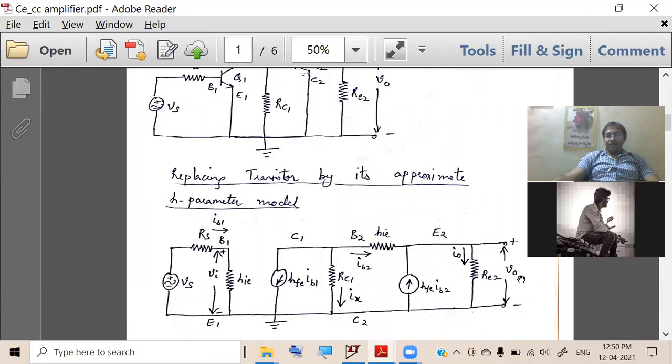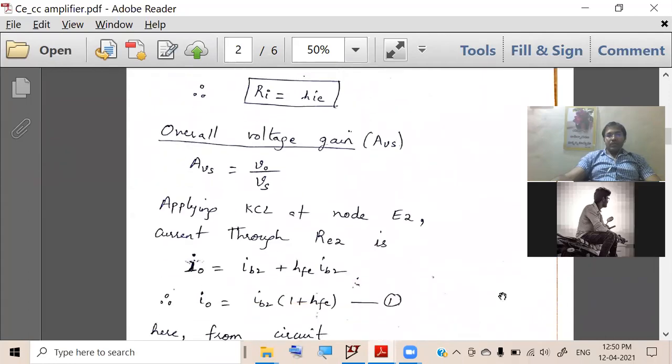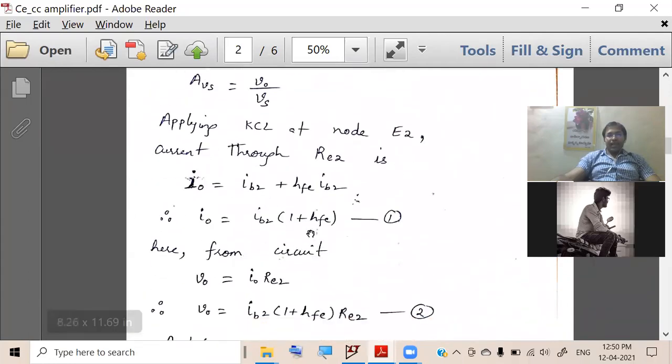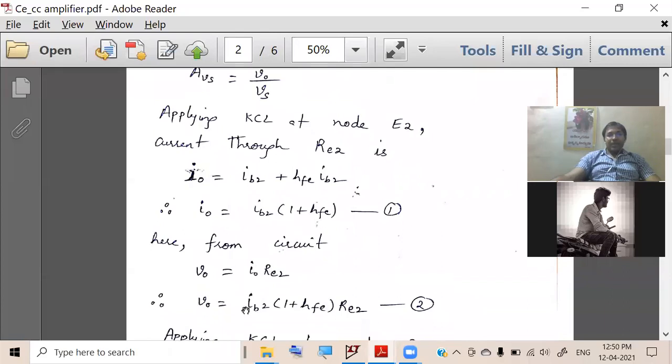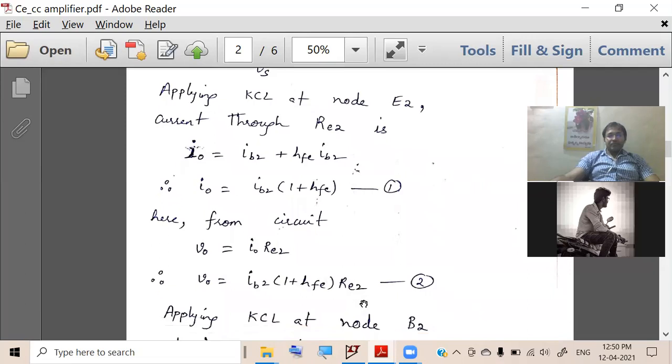So V naught is I naught into RE2. Just now your friend told the correct answer for I naught. This is the expression, so I will replace I naught here. So I got V naught in terms of IB2.